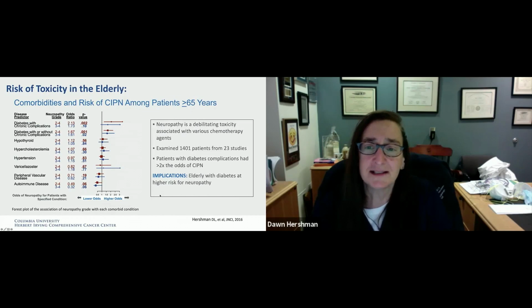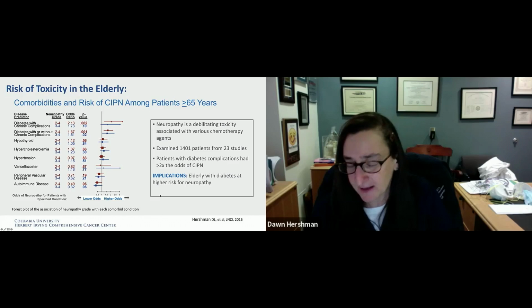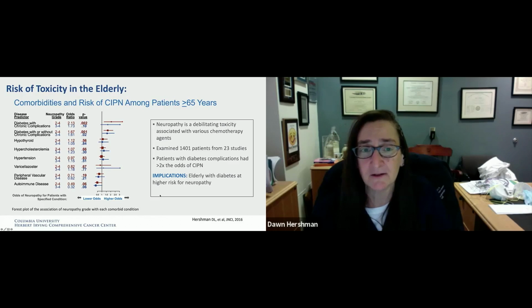We've also used this data to give us a better understanding of toxicity and toxicity development in elderly patients enrolled in clinical trials, by merging clinical trial data from patients enrolled in multiple trials. This is results of a study where we included data from 23 different studies, 1,400 patients over the age of 65, to look at neuropathy rates.